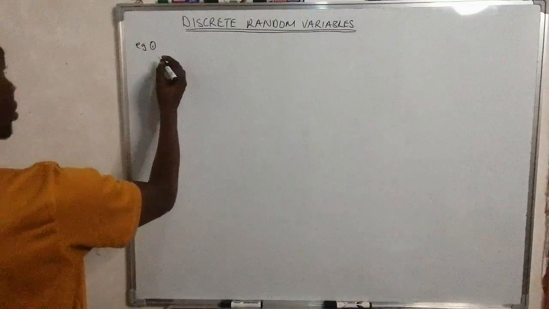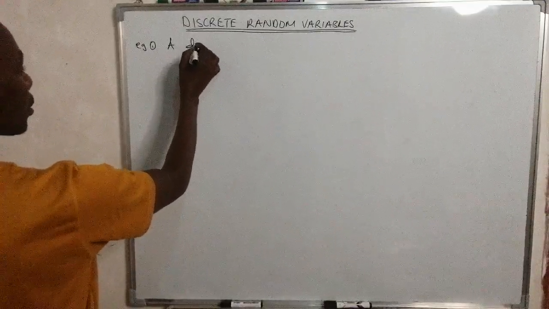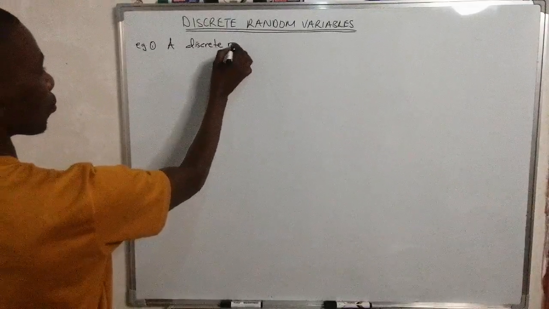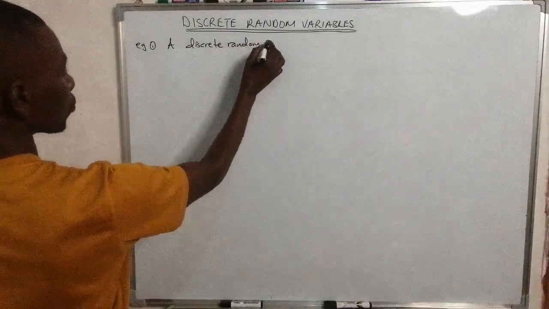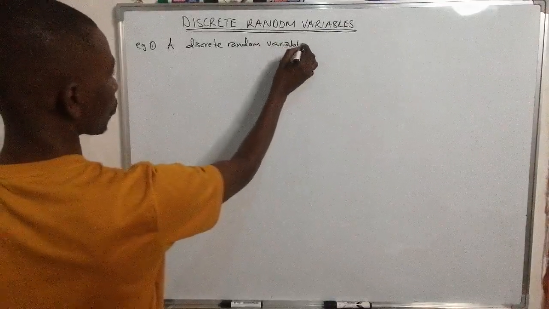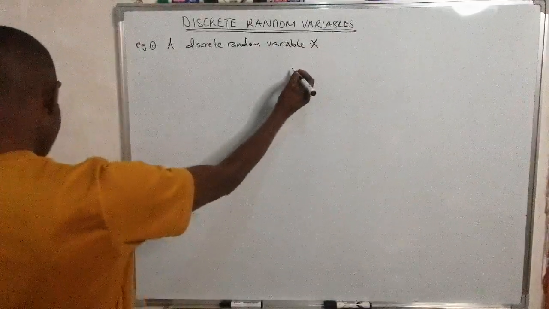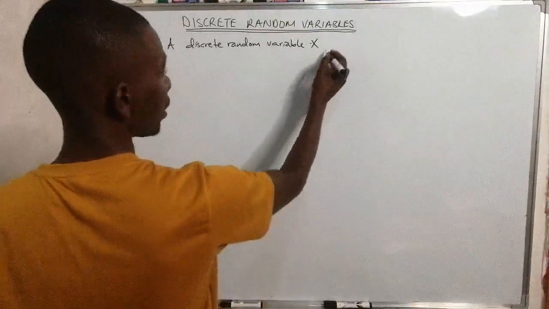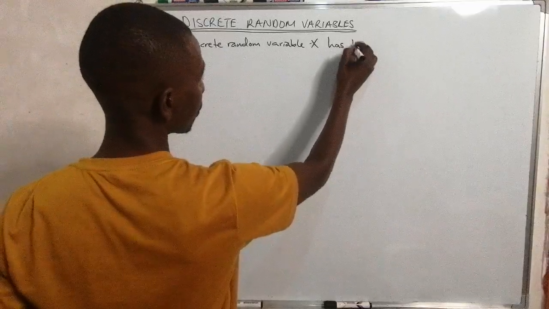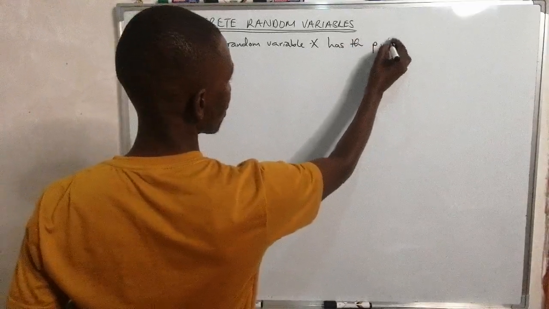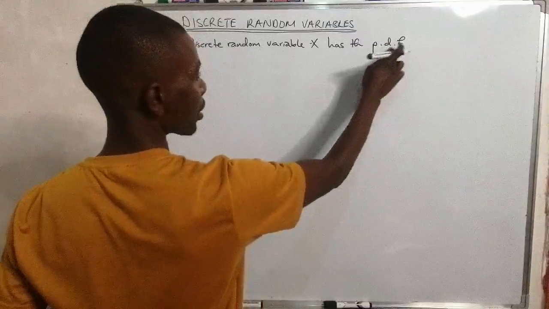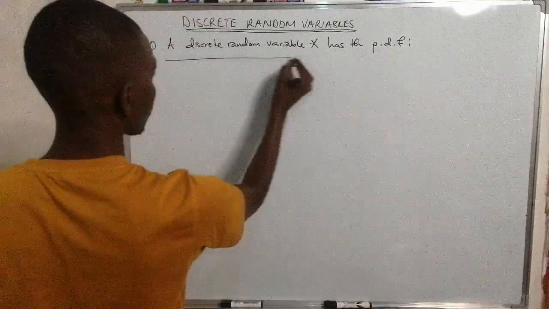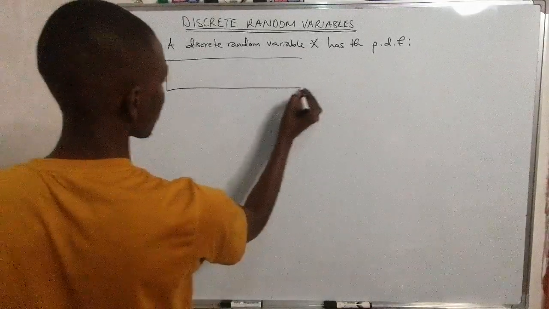A discrete random variable x has the probability density function given as follows. We have a table like this.